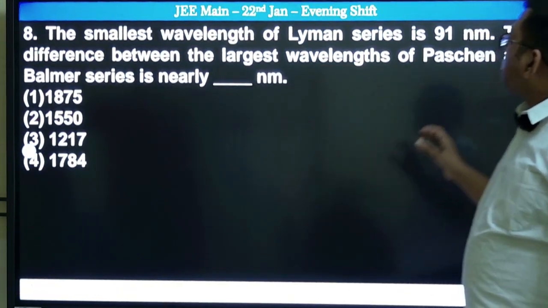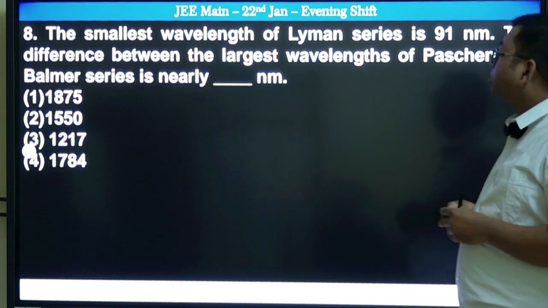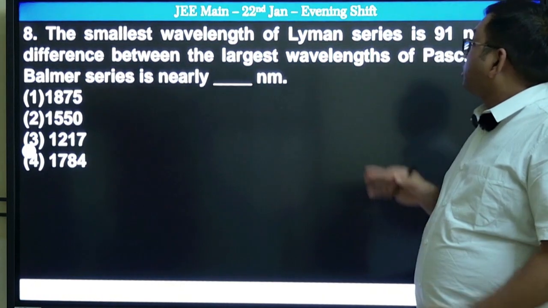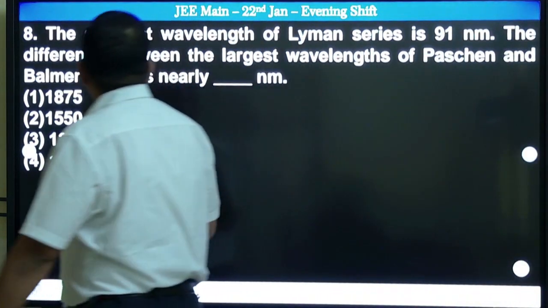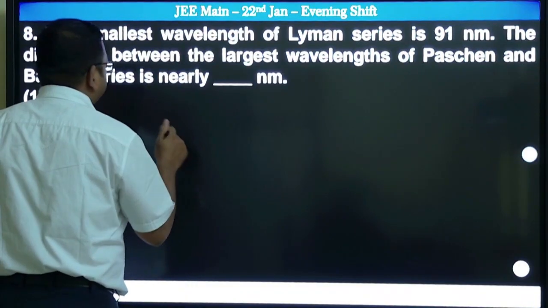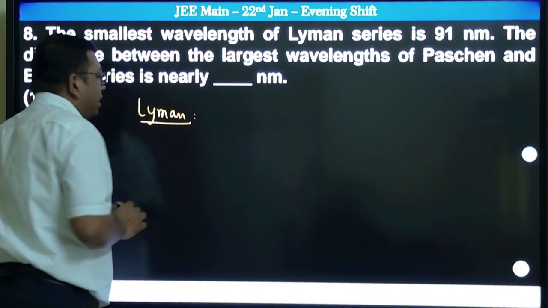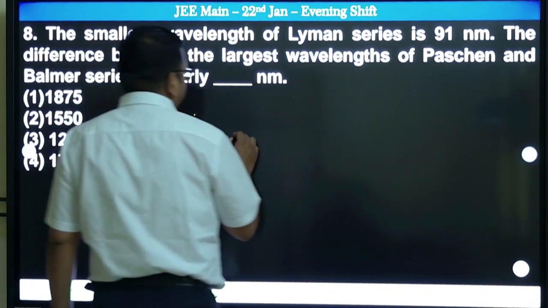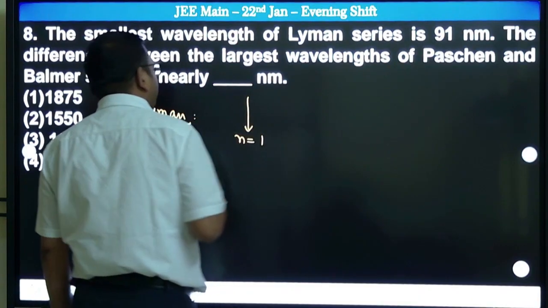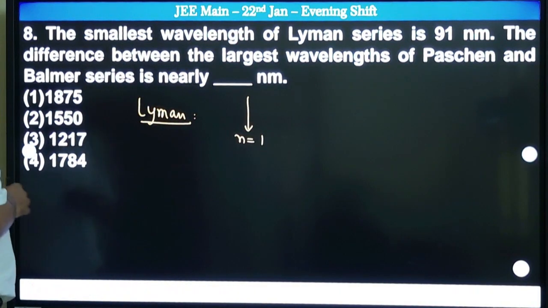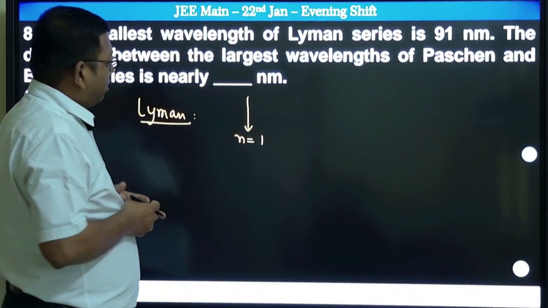The smallest wavelength of the Lyman series is 91 nanometer. What is the difference between the largest wavelengths of the Paschen and Balmer series? So Lyman, then Balmer, then Paschen, all those series come in the hydrogen spectrum, right? Smallest wavelength. So what happens in Lyman? We should know about that. In Lyman, n is equal to 1. The jumping will happen to n is equal to 1, right? Smallest wavelength means maximum energy or highest frequency.